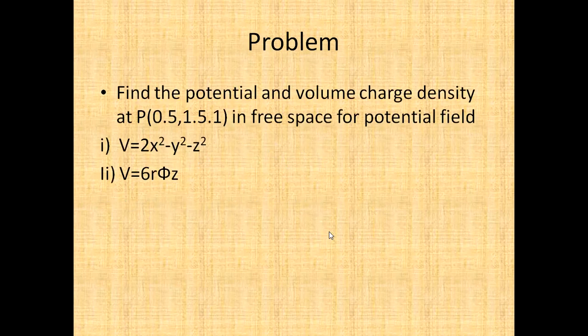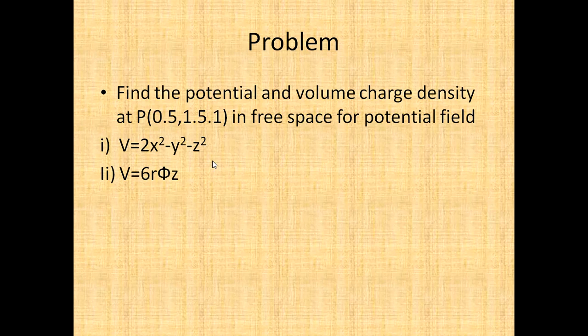Now another problem: find the potential and volume charge density at point P in free space for a given potential field. It is given in two ways, and from this we have to find the potential at a particular point and also the volume charge density.